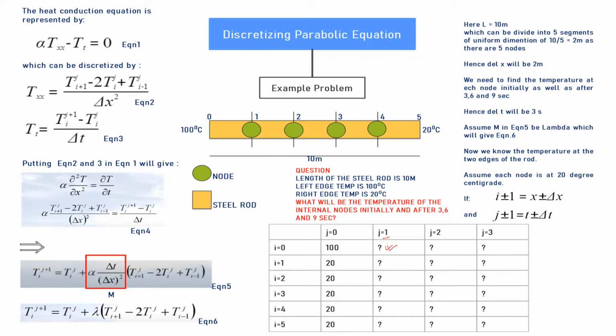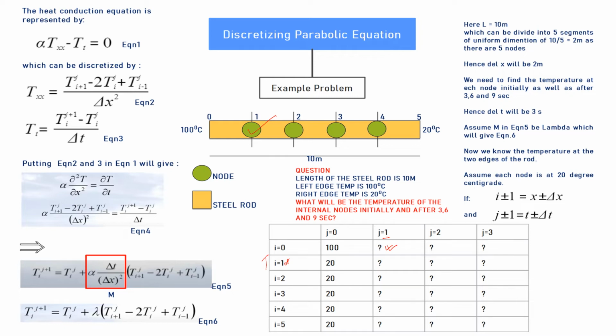Now my next question will be, what is the value of T on the node 1, the first node, after the time increment of 3 seconds, the first time. So let me put these values in this equation.